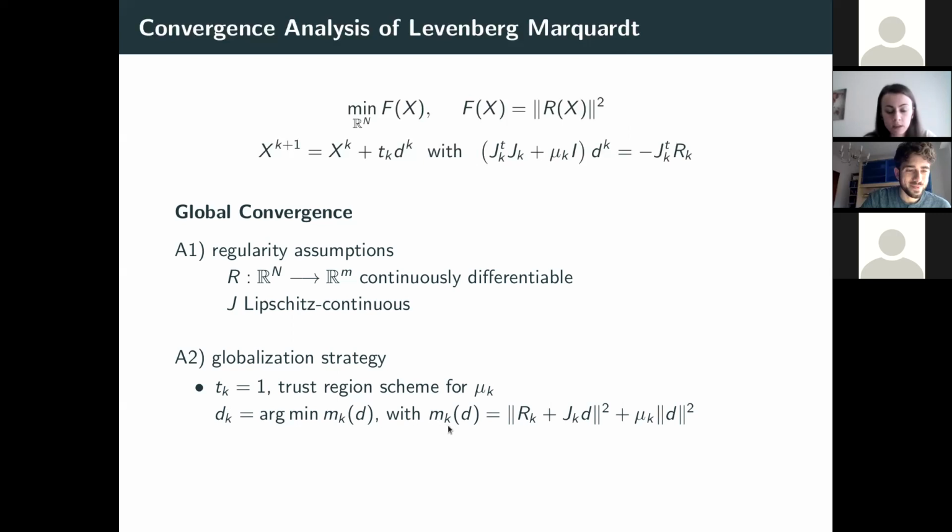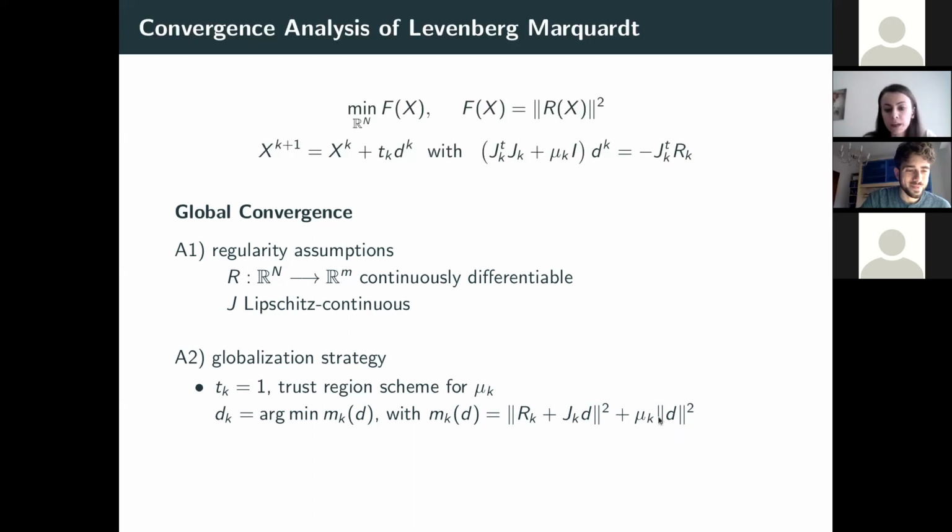this function, m_k(d), where we have two terms. So this term is a local model for our objective function around the current point, x_k. And then we have this regularization term that somehow controls the norm of d.